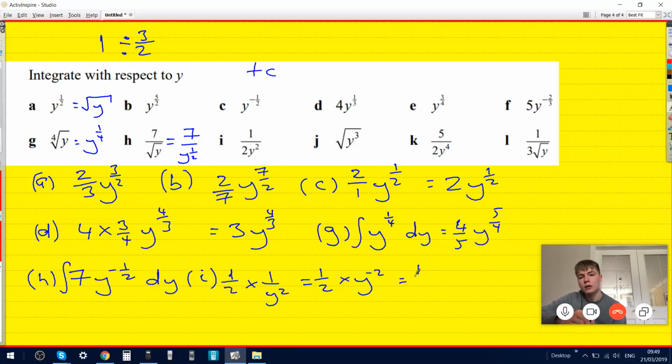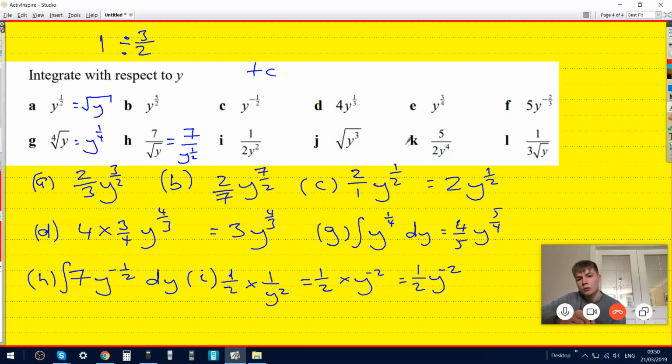Because of BIDMAS, the power, the 2, is connected only to the y and not to the 2 at the front. And you can see that if you split it up into 1 over 2 times 1 over y squared.